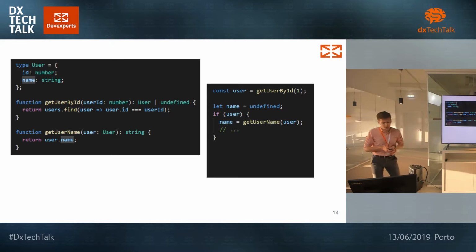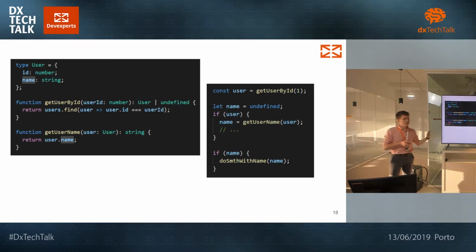In this case, it will be string. And we always should check this manually. It's easy to forget to check for this undefined thing. And also, you should do it on every level. You should keep checking all the derived variables every time.